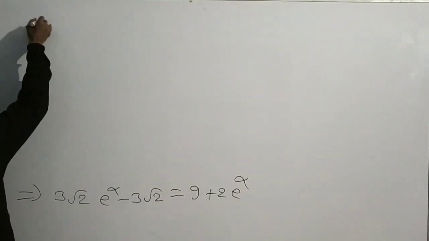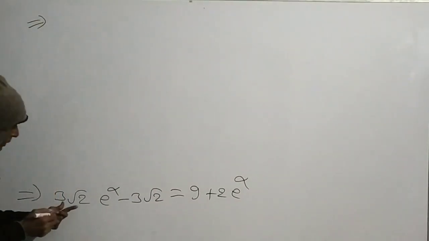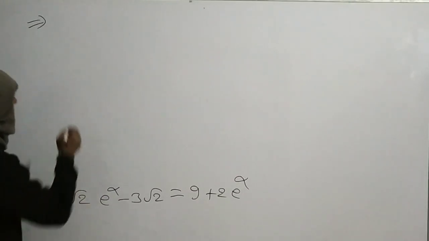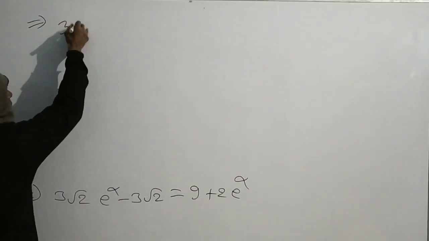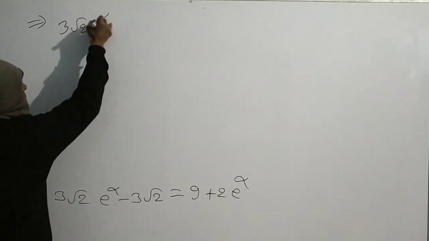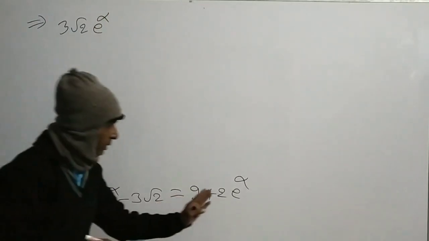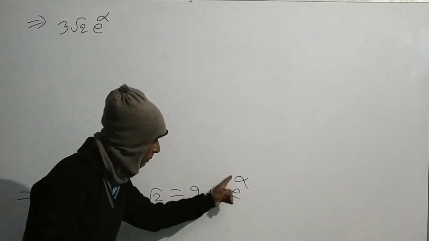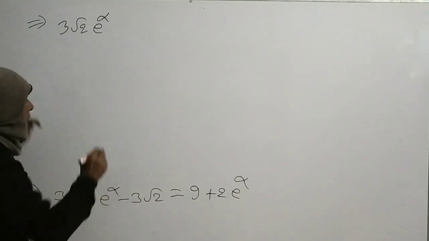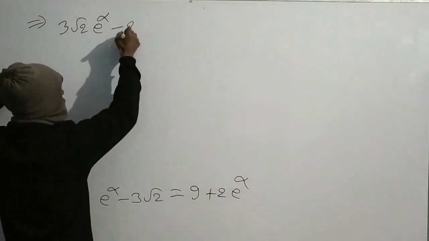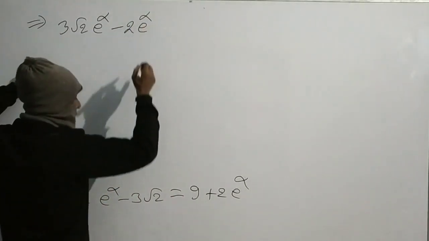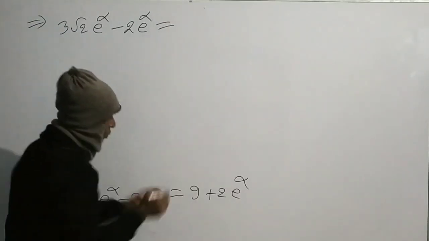This implies 3 root 2 e to the power alpha. Bring this 2 e to the power alpha to the left hand side, minus 2 e to the power alpha is equal to 9.